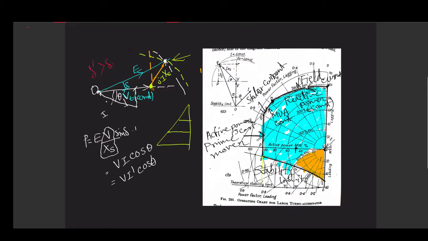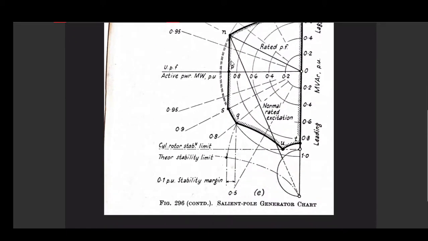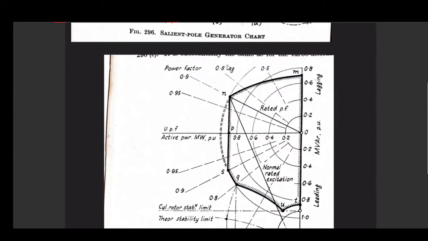Now what happens in this case is somewhat different, not identical with what we studied for our cylindrical rotor machine. Here you can construct a rating chart, and for low excitation you have these points.